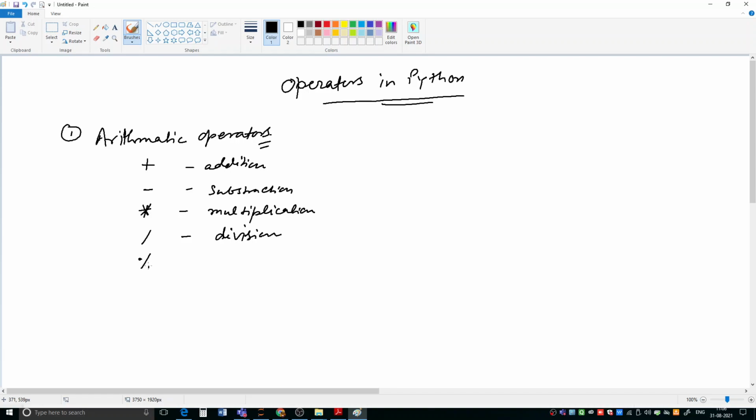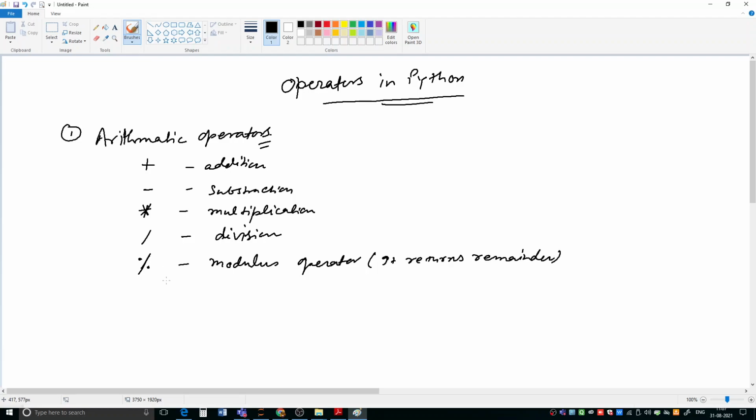And after that we have this, called the modulus operator. So what is the use of this modulus operator? The percentage sign is used as the modulus operator. It returns a remainder.